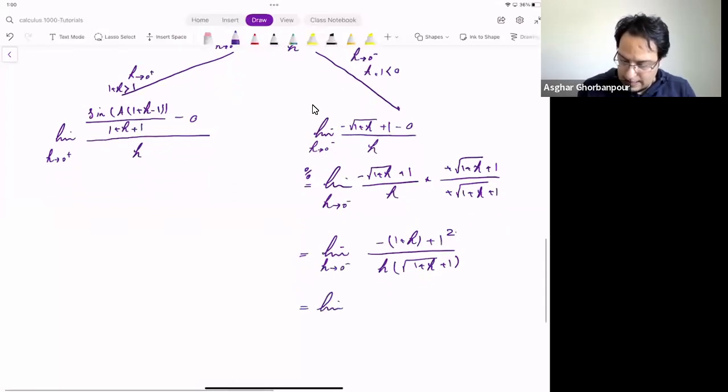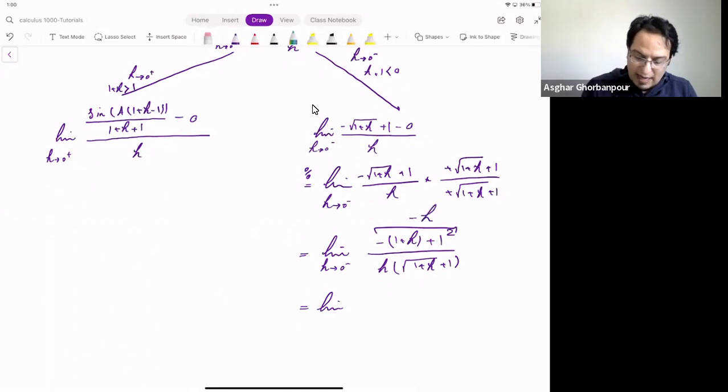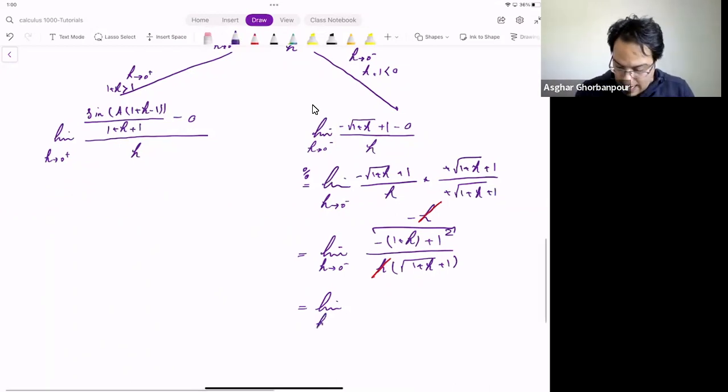In the numerator now, if you simplify, you get negative h. We factored out the vanishing factor, and now we cancel it. What we get at the end is negative 1 over root of 1 plus h plus 1.